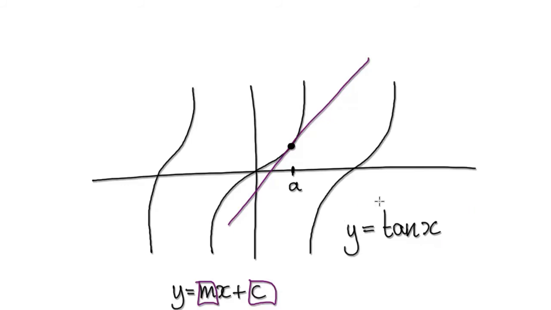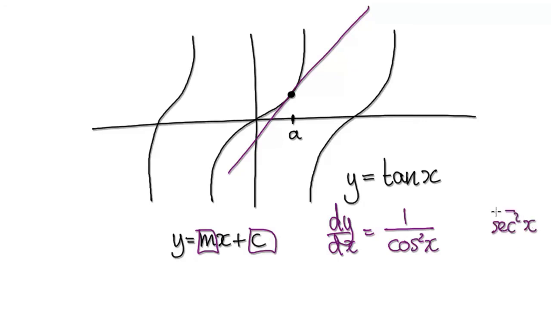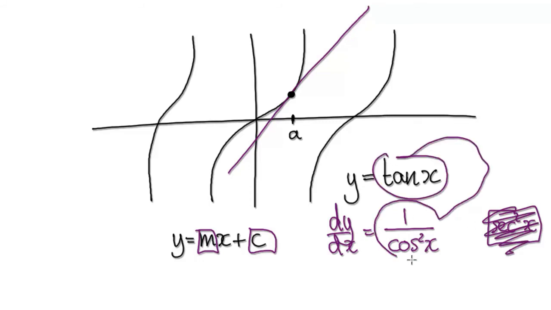So we've got to differentiate tan of x. So dy by dx equals, when you differentiate this, 1 over cos squared of x. And if you recognize this, it's actually the same as this, but don't worry if you don't understand this, ignore it. When you differentiate tan, it gives you this thing here.